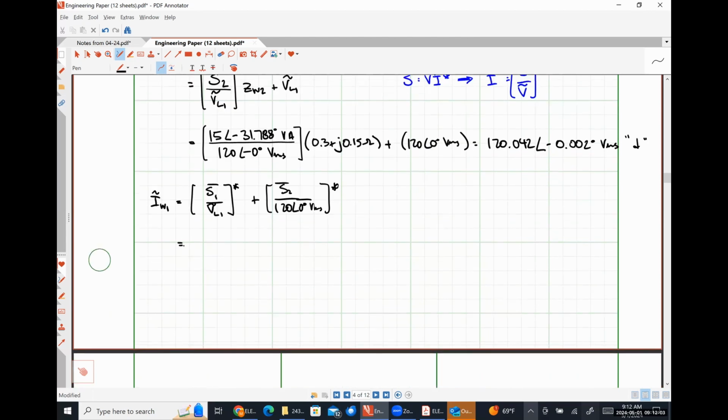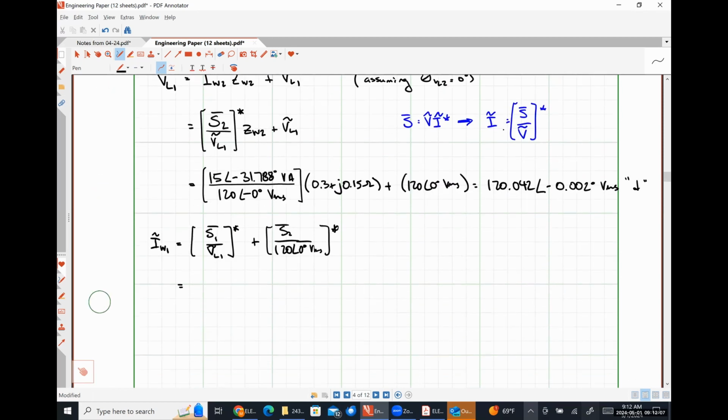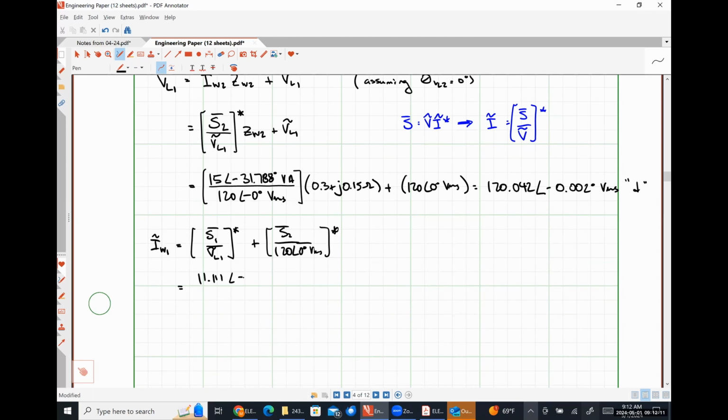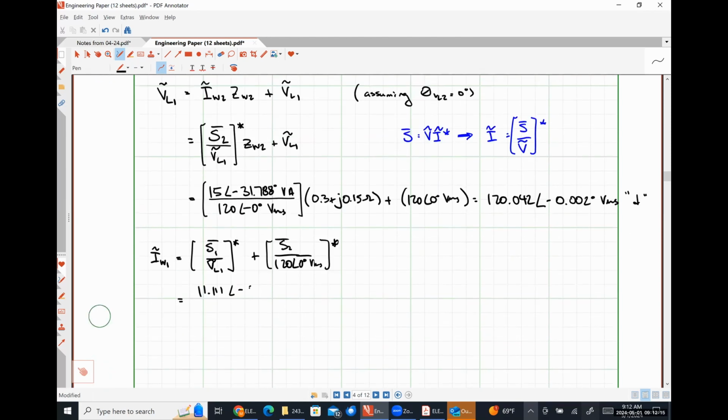So that would look like 11.111 angle negative 25.842 degrees divided by 120.042 with an angle of positive 0.002 degrees volts, plus 15 angle negative 31.788 degrees volt amperes divided by 120 angle negative 0 degrees volts.